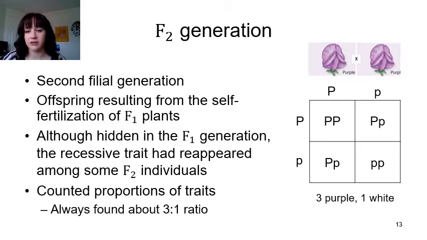And you can see that the result of this is that we have three chances for purple flowers and one chance of getting white flowers, that homozygous recessive. And so he did this over and over with all sorts of different traits, and he always found this 3-to-1 ratio. When he would take the second generation and inbreed them, there was this hidden trait that would be revealed in only a quarter of the offspring.